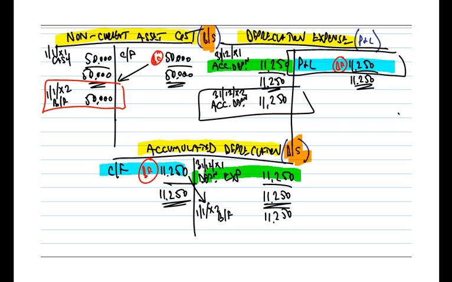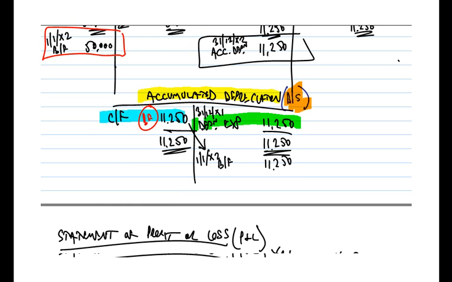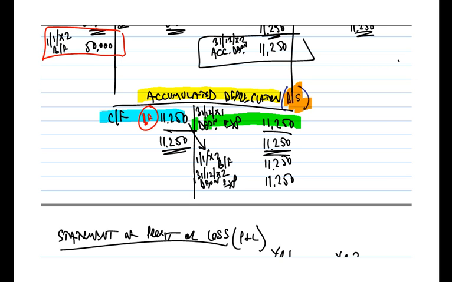Whereas if you look at the accumulated depreciation account, where we now post the credit, so this is at the 31st of December of XD2. Now the other side's just gone to the depreciation expense, but can you see when we now post the credit to the accumulated depreciation, there was already 11,250 sitting there, because the balancing figure from the first year got carried down, didn't it?